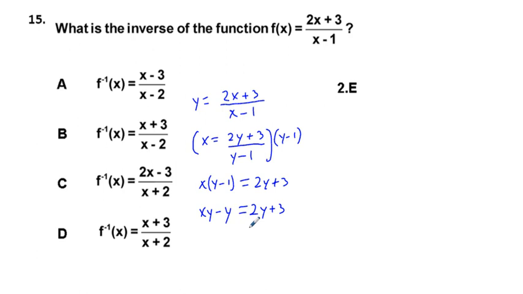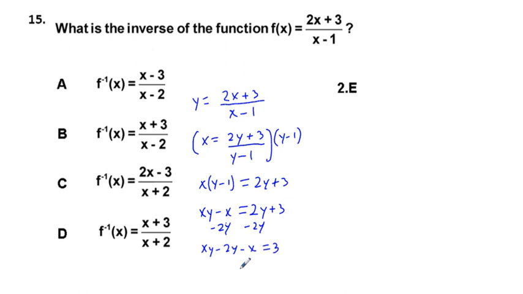So I'm going to subtract 2y from both sides of this equation. Let me see, I just got this wrong here. It's supposed to be 2y minus x. That's a big deal. So we get xy minus 2y minus x is equal to 3.